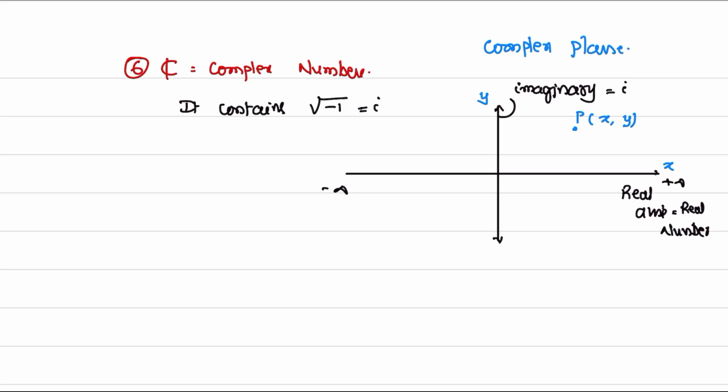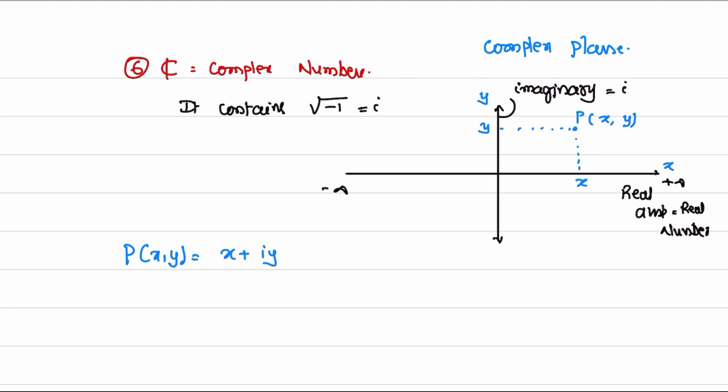In a complex plane, a coordinate P(x, y) is a number which has the coordinates x and y, where x is the real number and y is the imaginary number. This P can be represented as x plus iy.